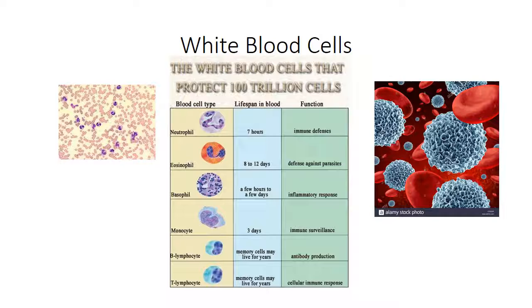To function, they need to leave blood vessels, and when they leave blood vessels, they morph into, we say, macrophages, cells that are able to phagocytose, like amoebas, like some neutrophils, but they are larger. Their function is to participate in immune reactions, immune surveillance, detecting foreign invaders and eating them up, digesting them with digestive enzymes.